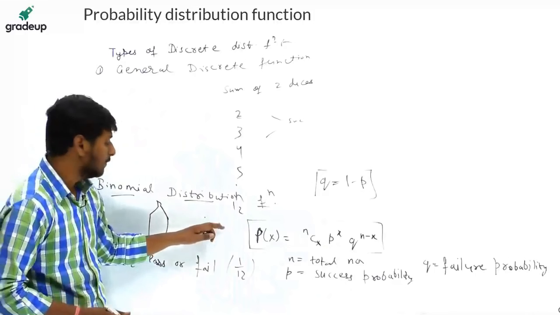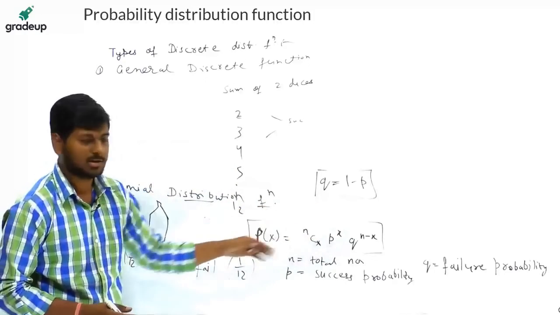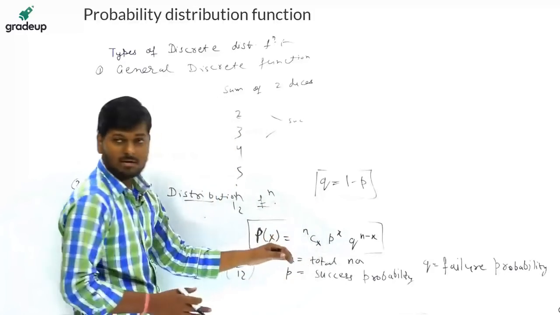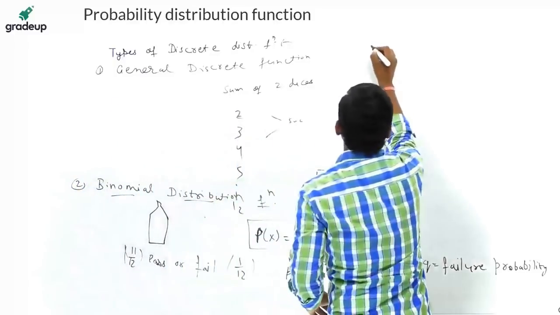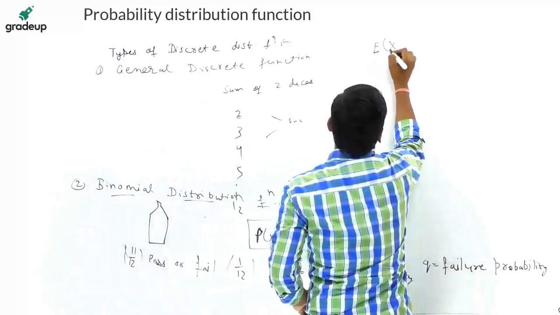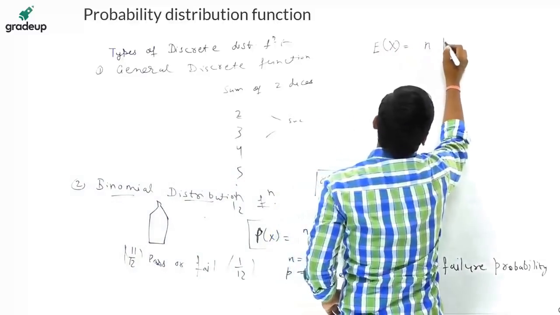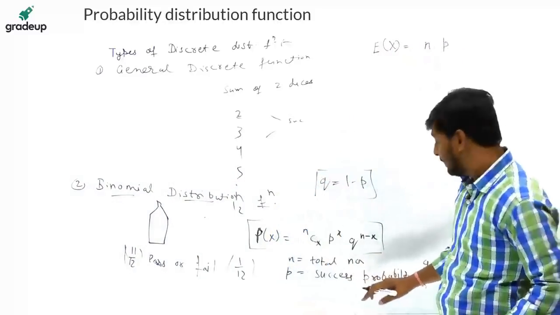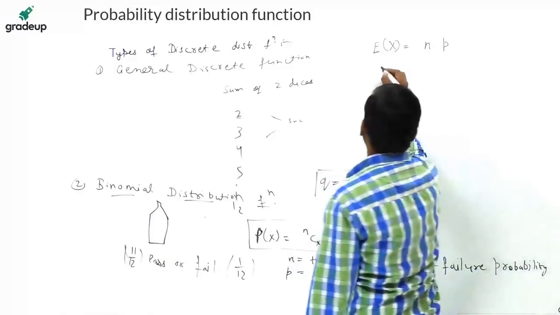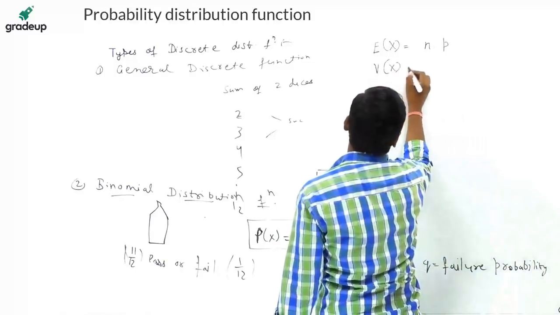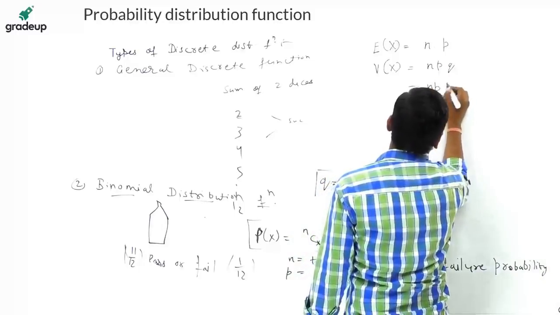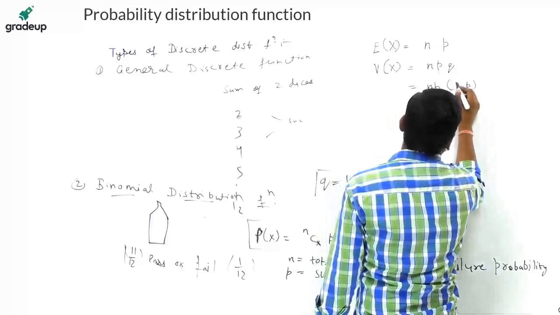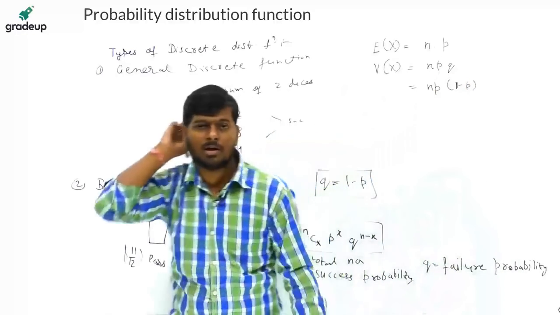Since we have seen the binomial probability distribution function, let's see the mean and variance of the binomial function. Mean is equal to n into p. N is the total number of items and p is the success probability. Variance Vx is equal to npq, or it can also be written as np into 1 minus p, since Q is the probability of failure.